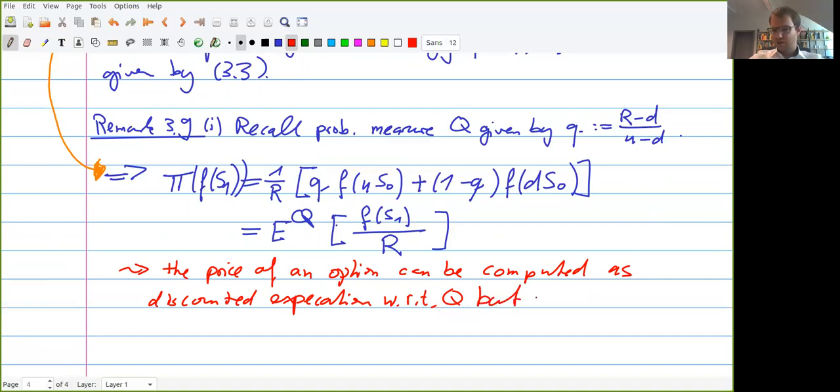But in general, not P, right? Just to clarify it, because it's an often appearing mistake in exams: don't use the measure P to calculate the price of an option.